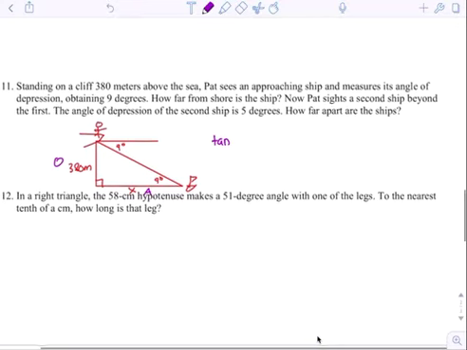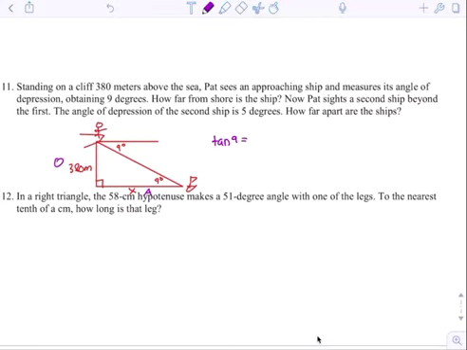Tan of 9 degrees is equal to 380 over x. Cross multiply, x tan 9 is equal to 380, divide both sides by tan 9. And we are going to get x is roughly 380 divided by tan of 9, 2,399.2 meters. Okay, so that's from the shore to that ship.